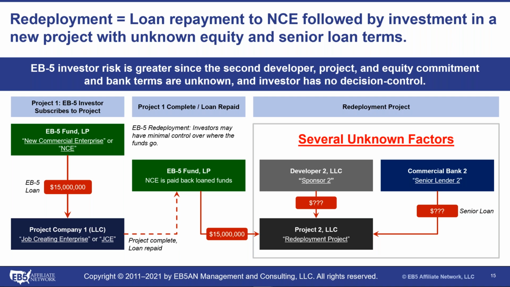Project is complete, loan gets repaid to the NCE, and now the NCE has to redeploy funds because, as Sam was saying before, with respect to the immigration-related issues, investors need to maintain their money at risk. EB5 capital cannot be repaid to them until they've satisfied their sustainment period. And so, you've got to move the football, and the clock starts ticking once the funds are repaid.